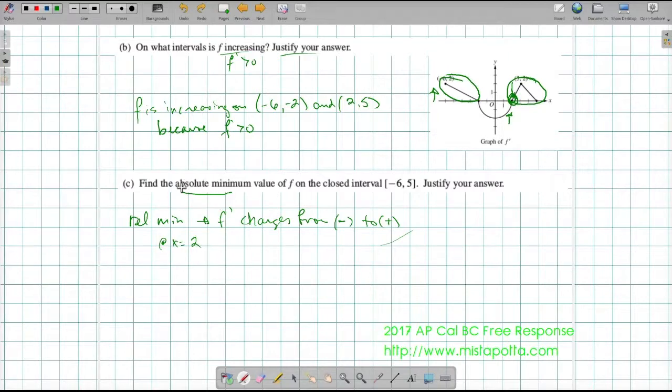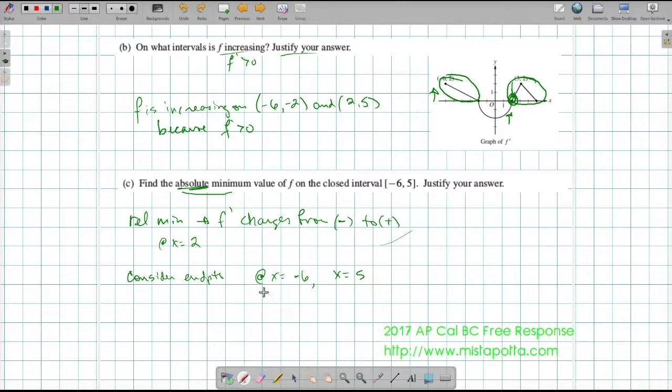But keep in mind, because I'm looking for absolute, I have to consider my endpoints. So in other words, I have to look at x equals -6 and x equals 5.